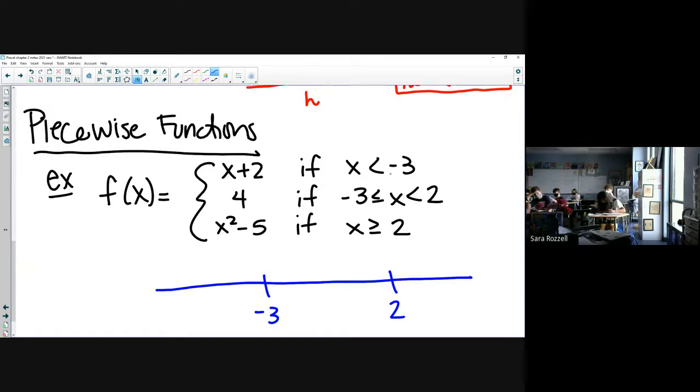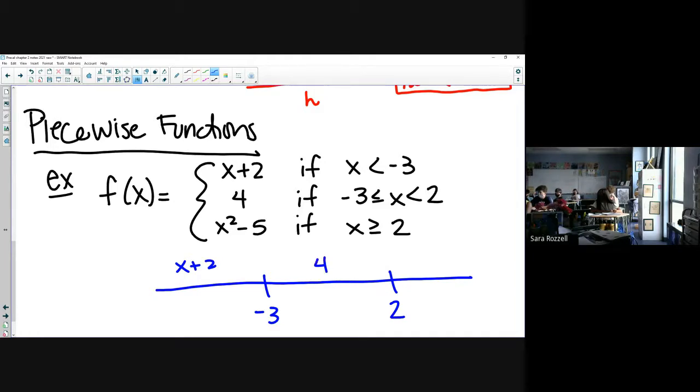For all numbers that are less than -3, which equation would you use? If it's less than -3, which equation would I use? x plus 2. So I just put this on this section. If they give you a number that's less than -3, like -4, -5, -6, you're going to plug that number in. What equation are you going to use if it's between -3 and 2? It says between, just 4.